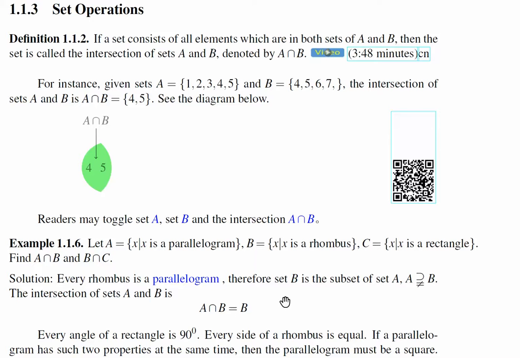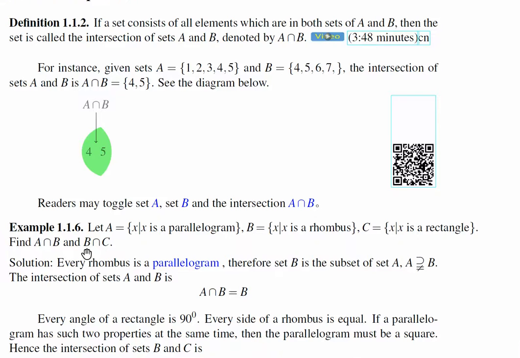All right. Now, how about B intersection C? B is a rhombus. It means that actually four sides of the parallelogram are equal. That's the definition or the property of a rhombus. And C is a rectangle.